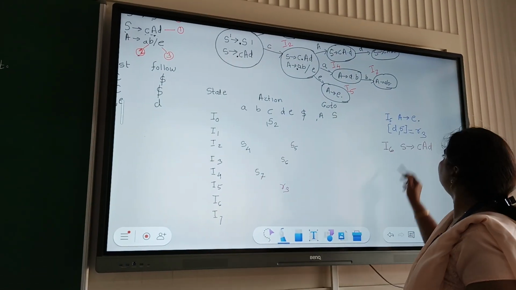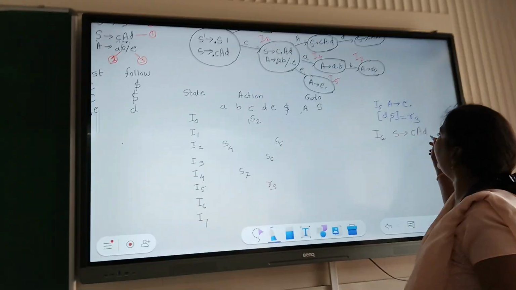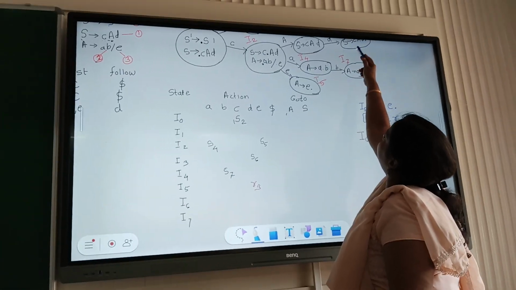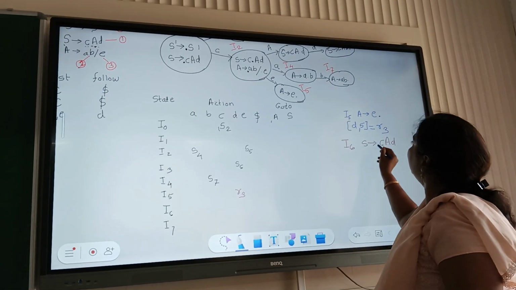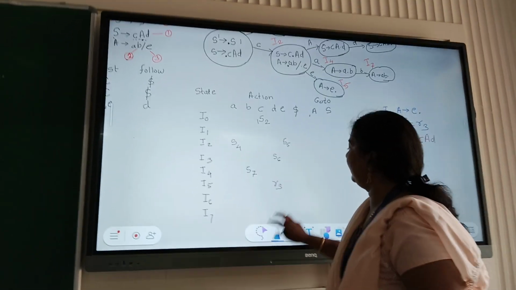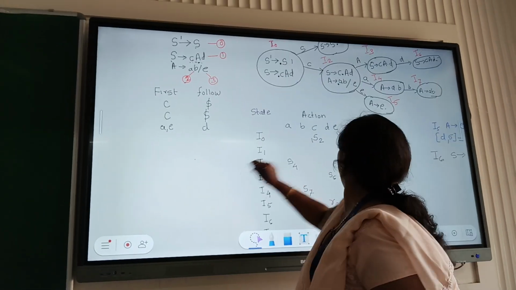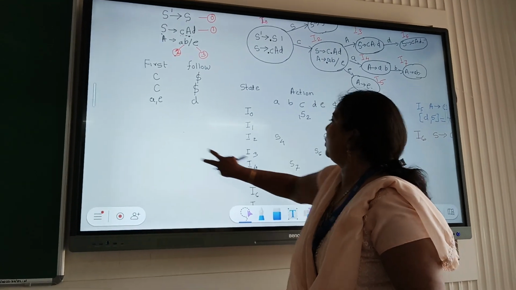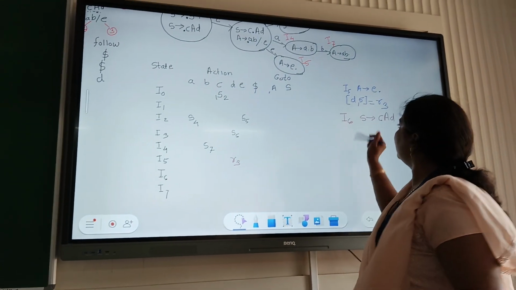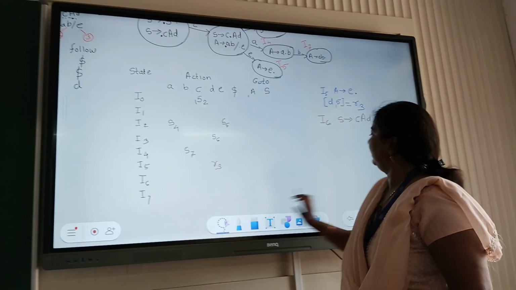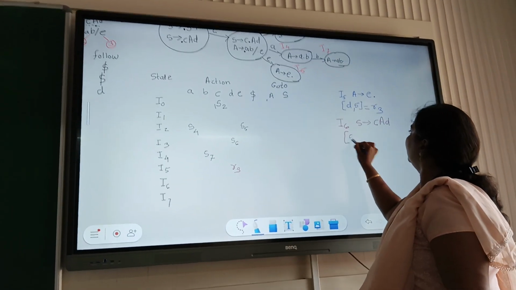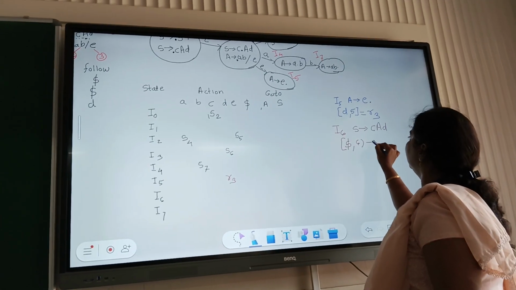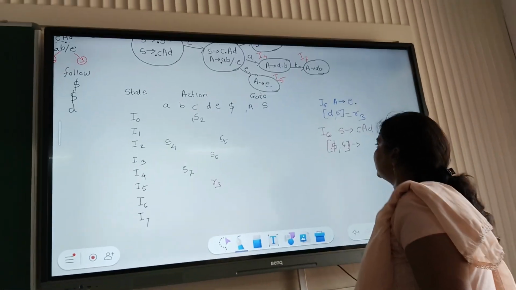S implies CAD. I6. So what is the follow of S? Follow of S is $. So you require to write here dollar of 6.